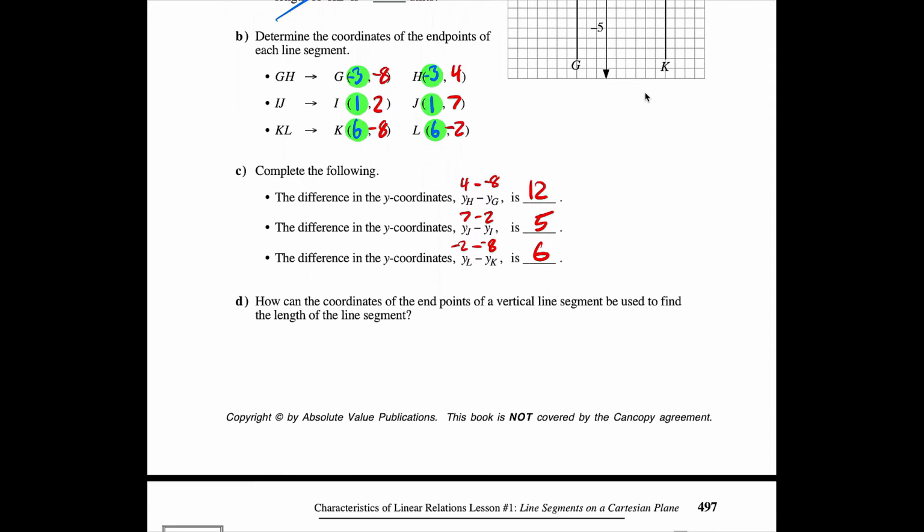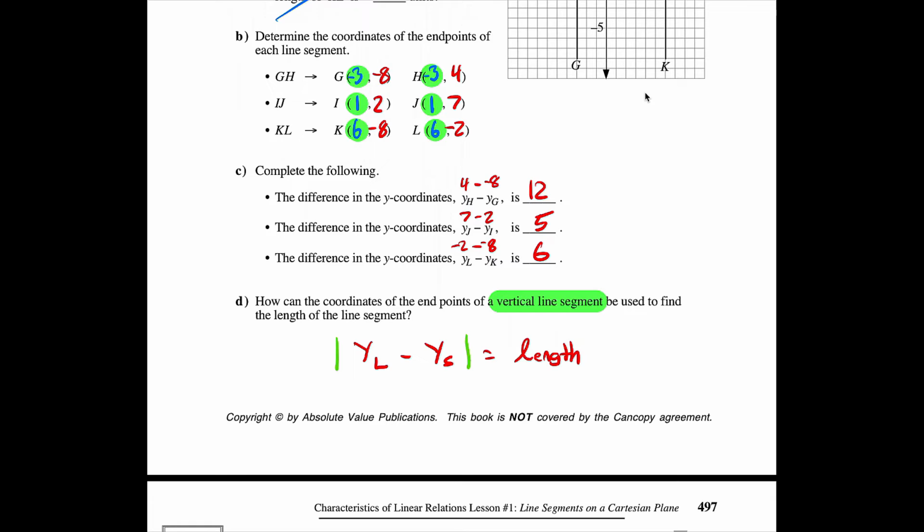Okay, and how can we determine the length of a line segment that is vertical? Well, first of all, in order to know that it is a vertical line, we figure out that it has the same x value. And then what are we going to do? Well, we're going to take the absolute value of the y large minus the y small, and that is going to give us the length of that line.